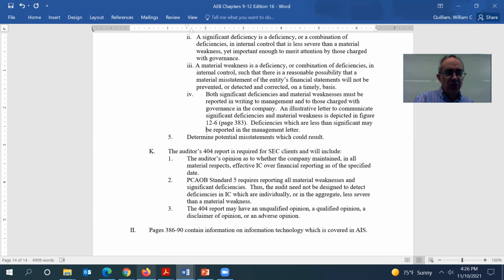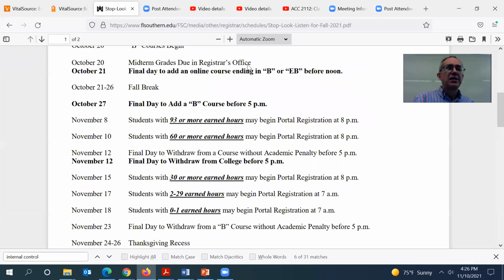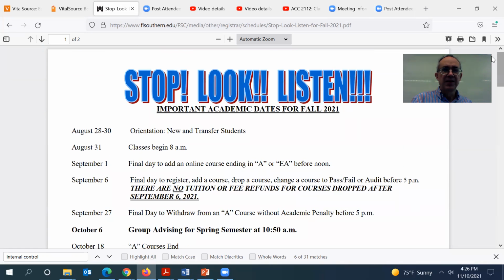All right, let me go to page 383 here. Oh, by the way, anytime you need this document, the stop, look, and listen thing, the registrar posts this every semester to their website. So just to let you know, because I get a lot of questions, like when do I register?